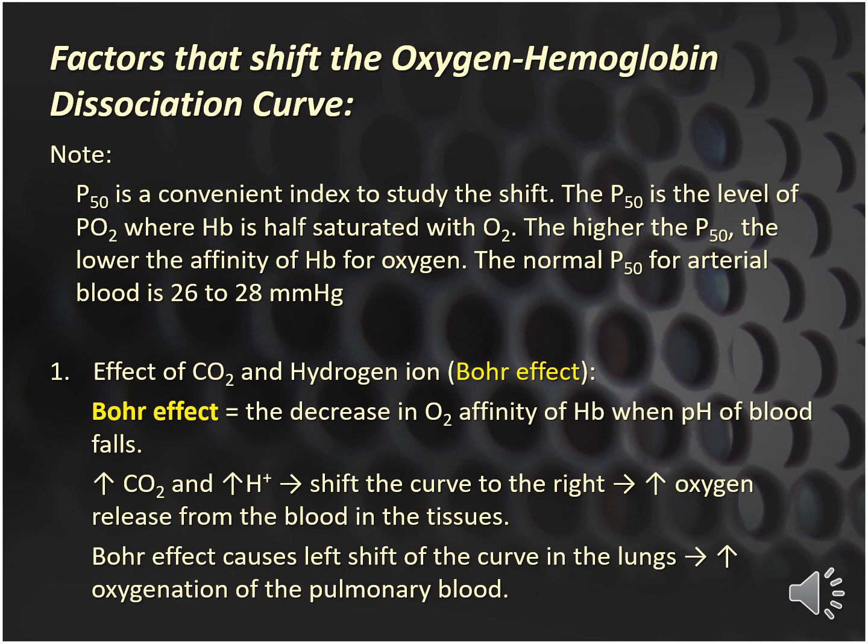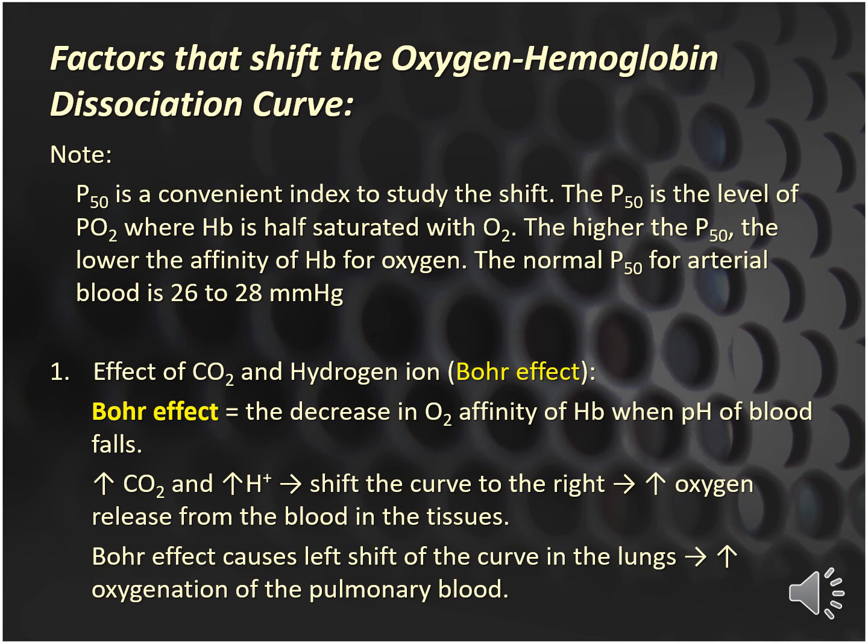Now, an increase in carbon dioxide and an increase in the hydrogen ion concentration will shift the curve to the right. By this, more oxygen will be released from the hemoglobin, because by increasing the carbon dioxide and the hydrogen ion concentration, the hemoglobin will hold less oxygen for the same partial pressure.